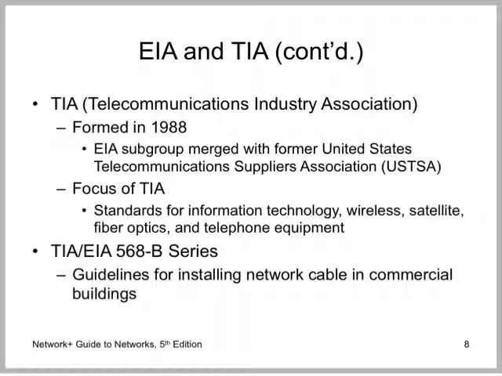The TIA/EIA 568B series is a set of guidelines for networking cable. In fact, the night we do our cabling lab, you will see this name on your cable. All cables have this name on them and what standard. The name I'm talking about is TIA/EIA, and then whatever standard that Ethernet code is for the cable that you're using.